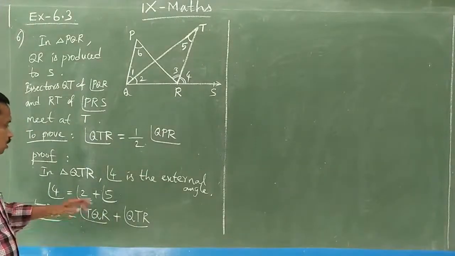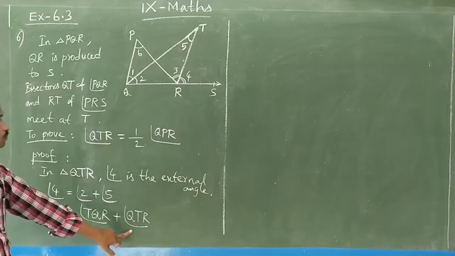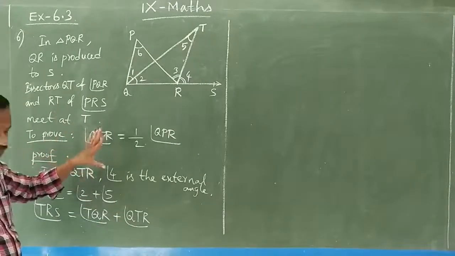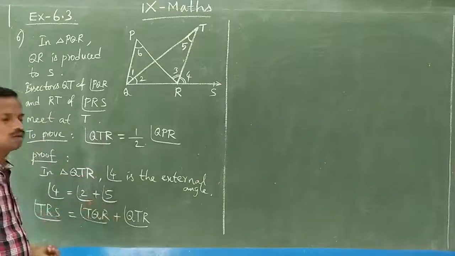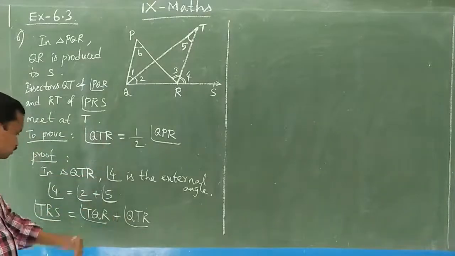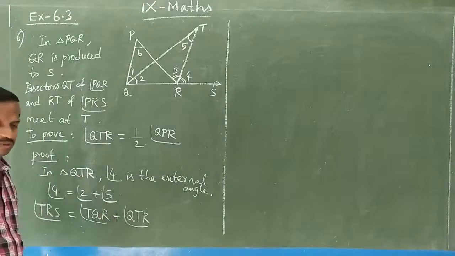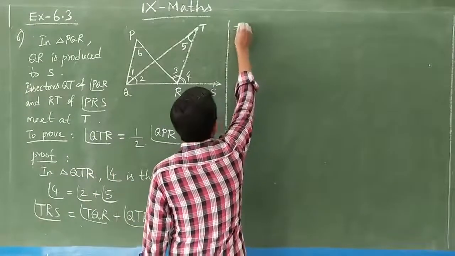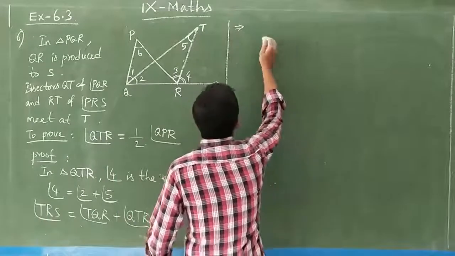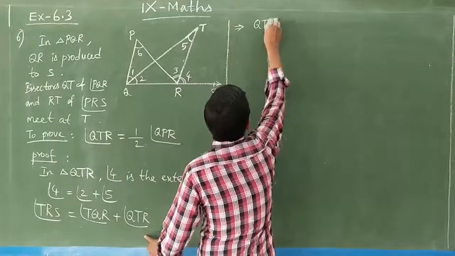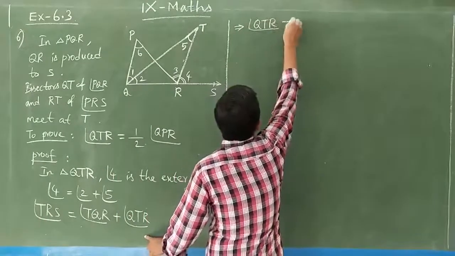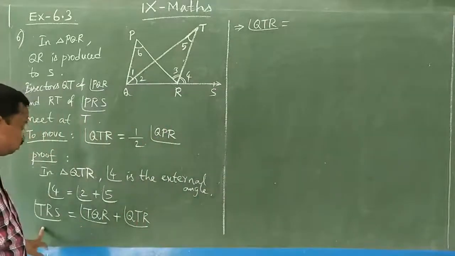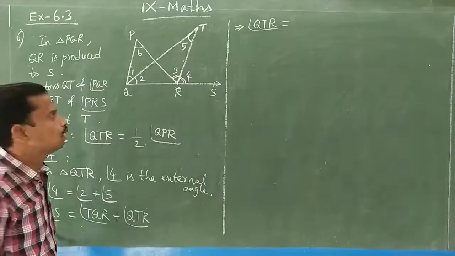So here QTR is on the right side, but in the proof QTR is the one we want. So we keep QTR on one side and transpose the other things to the other side. Clear? So QTR is equal to TRS minus TQR.